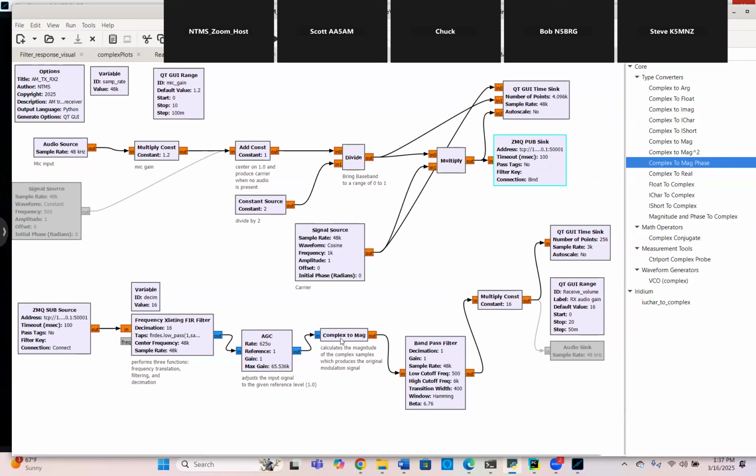And in fact, one extra credit homework item might be for somebody to replace this with an AM demodulator, because there is a block for that, and note the differences and be able to tell us how that is different. But this turns basically this complex value back into a real signal and recovers the original signal that was formed up here in the top section.